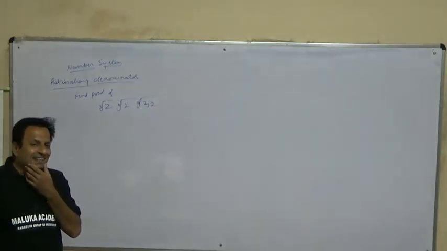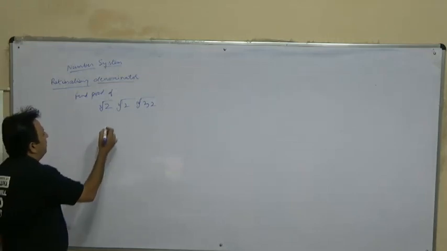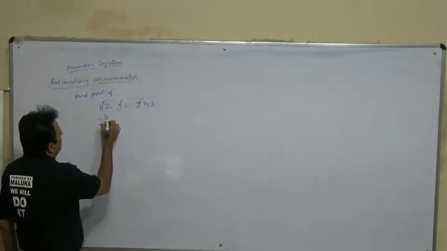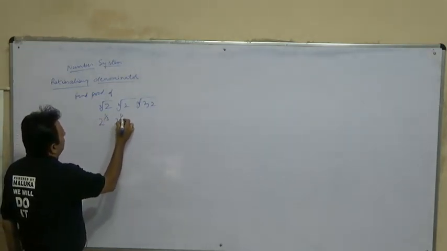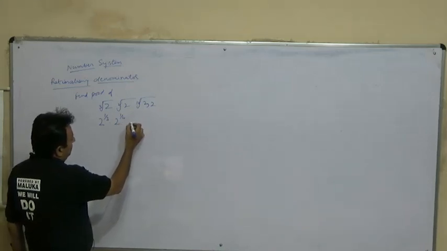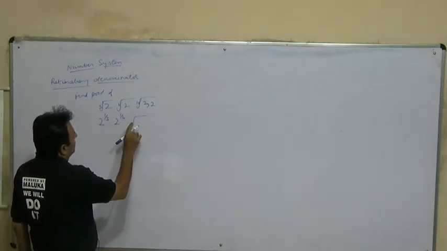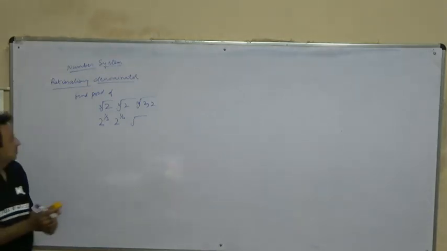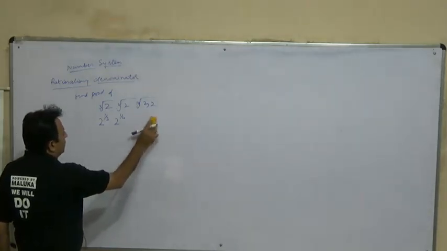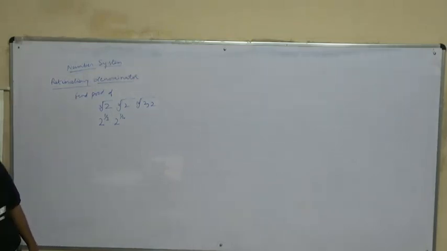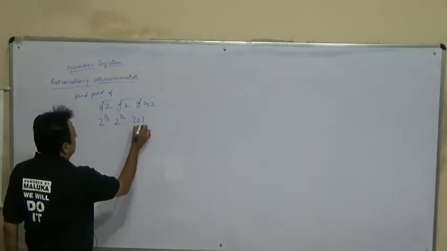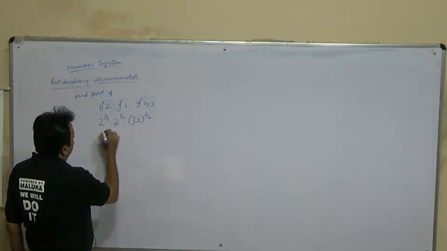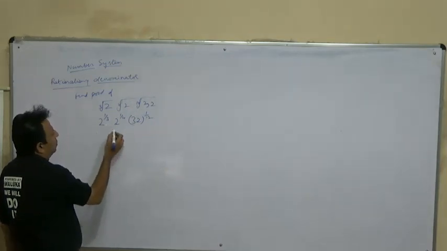So these are the radicals, we write it in the power form. So this is 2 raised to power 1 by 3, 2 raised to power 1 by 4, and this is, we can write it as 32 raised to power 1 by 12. Now these can be added because their bases are same.